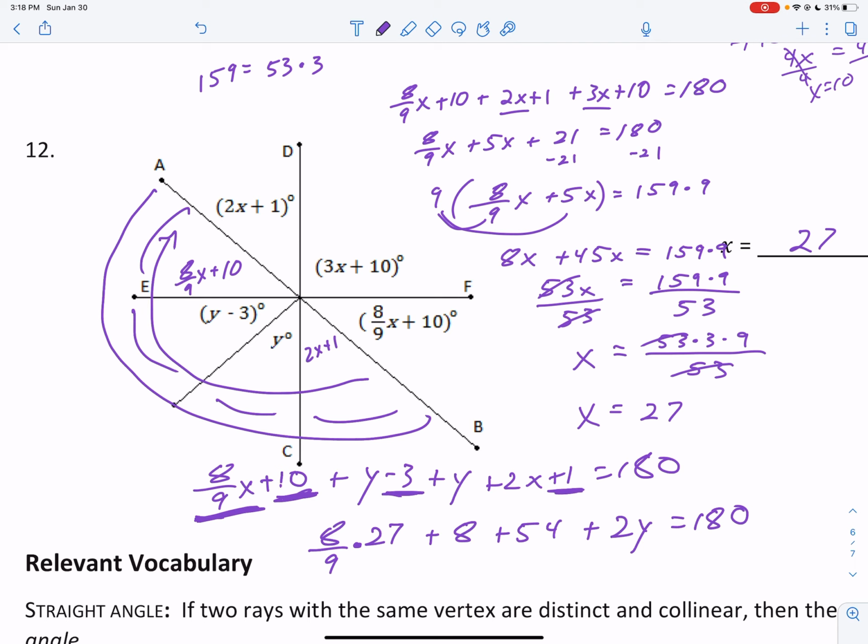So 8 times 27 over 9. A 9 cancels in here and here. So that 27 is 9 times 3, so I can just cancel a 9. Regardless, it's going to become 24. 24 plus 8 is 32. Plus 54 is going to be 86. 86, I believe.